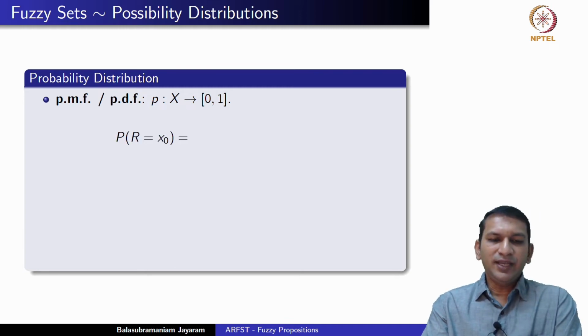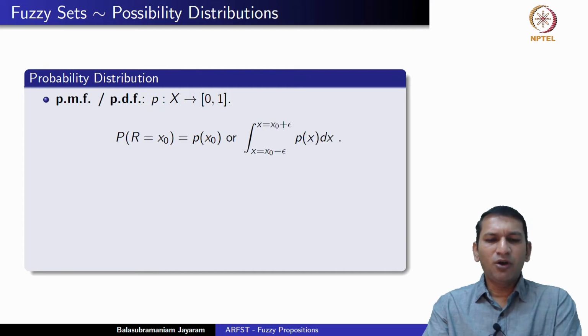Now, if you take a value x0 from the domain X and ask this question, what is the probability that R could be x0? Then this probability is essentially P of x0 if it is a PMF, if the domain is discrete, or if you have a continuous distribution, probability density function, then this is how you calculate the probability around that point x0.